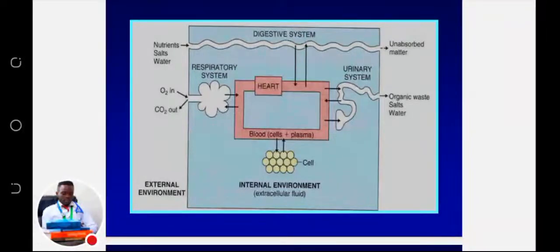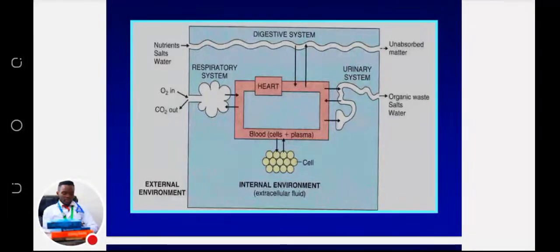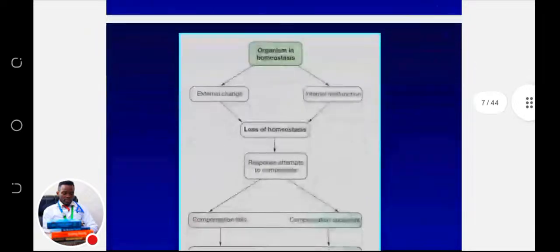The digestive system takes nutrients, salt and water from the external environment into the internal environment for absorption of other organic nutrients. Then we have the urinary system, with the kidney and the bladder, where we get the excretion of urine, the waste product.